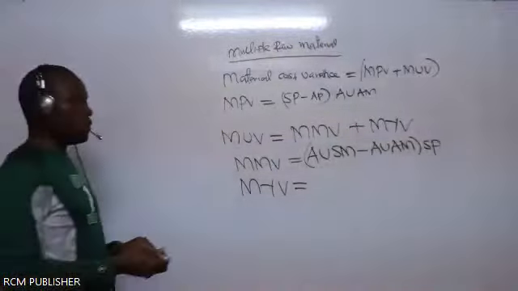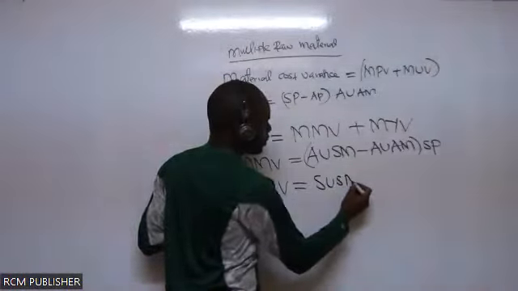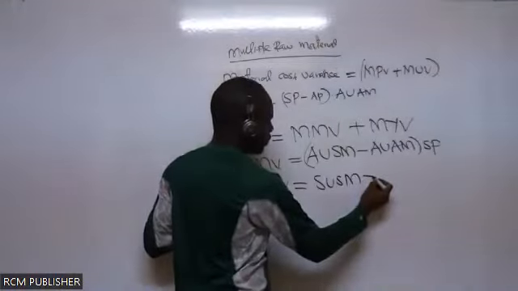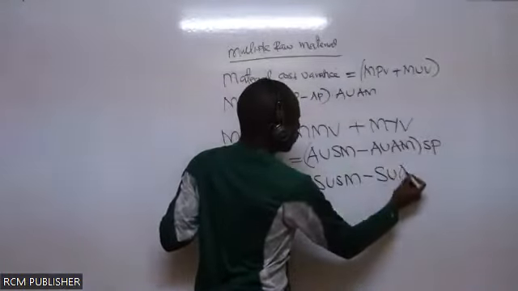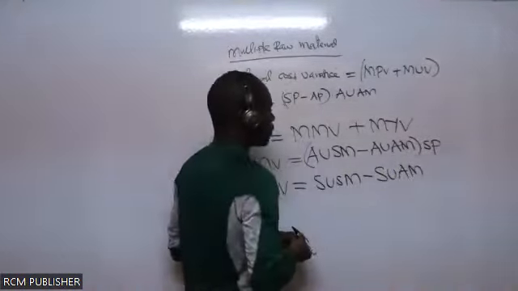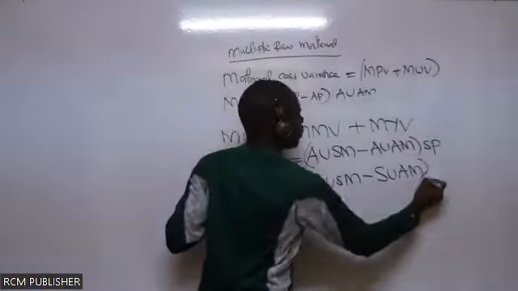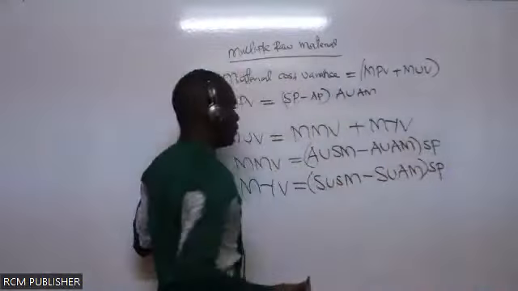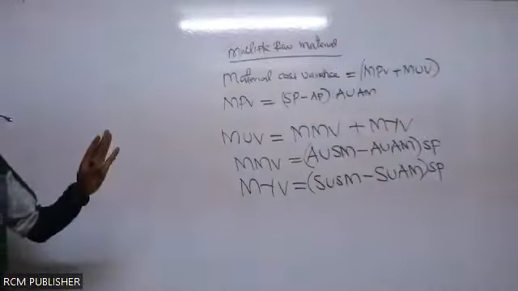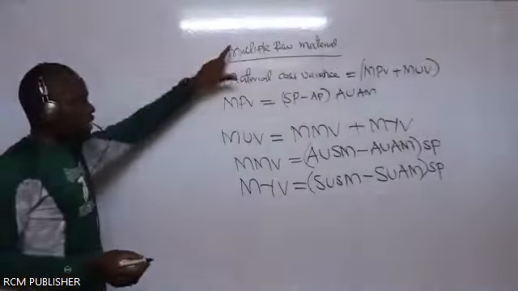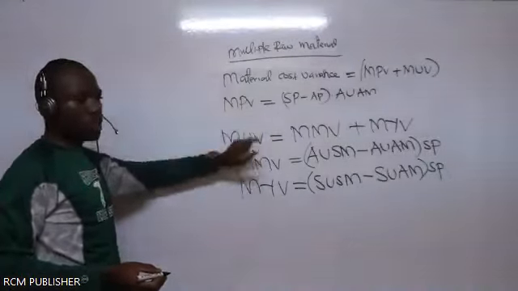That's where we apply standard usage in standard mix minus standard usage in actual mix. Then we multiply by the standard price. That is what you need to put in place. So as far as this concept is concerned, this is what you need to do.